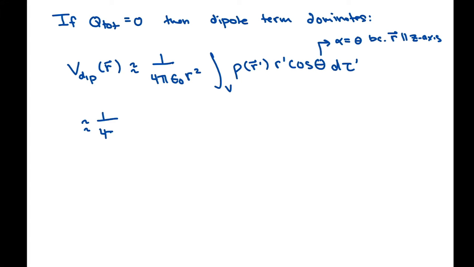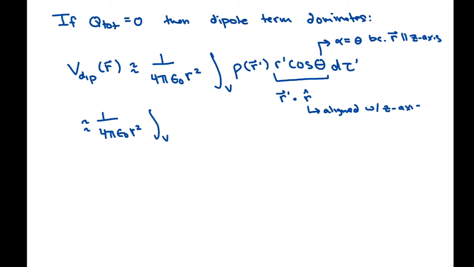Still have this term out front. Still have our volume integral. But instead of writing this as r prime cosine theta, I'm going to write that as the vector r prime dotted with r hat, where we remember that r hat is aligned with the z-axis.